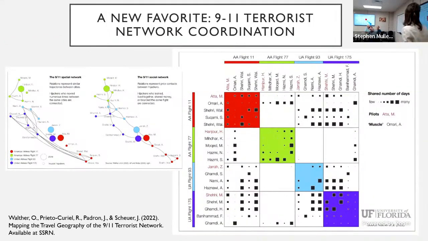Hello. This is my new favorite one. I won't say too much about it, but this is like gold standard here, spatial social network analysis of the 9/11 terrorist network coordination. I won't embarrass myself by going too much into it, but this analysis shows the coordination network of the 9/11 perpetrators, terrorists who trained together, lived together, shared money, and boarded the same flight.